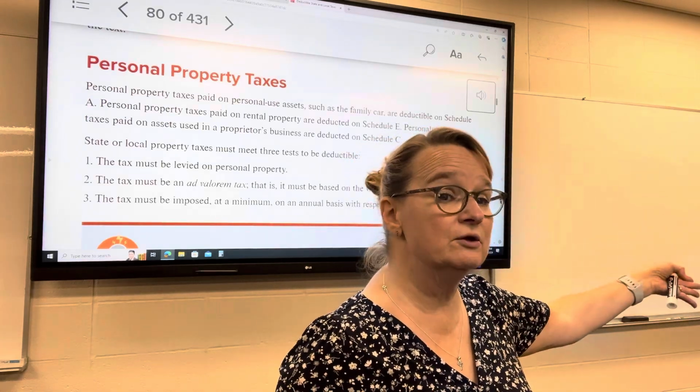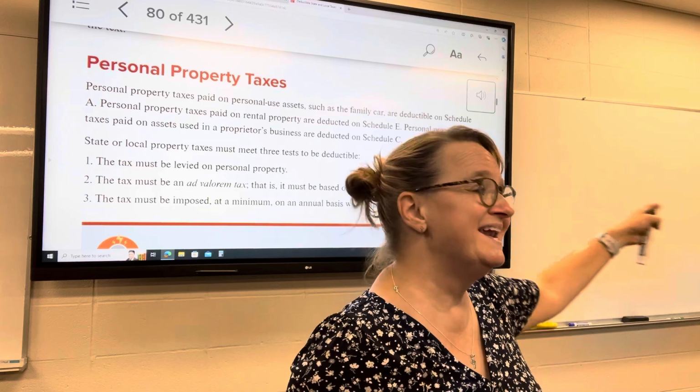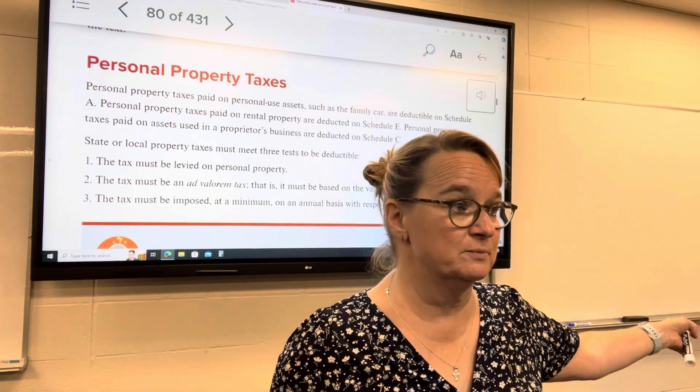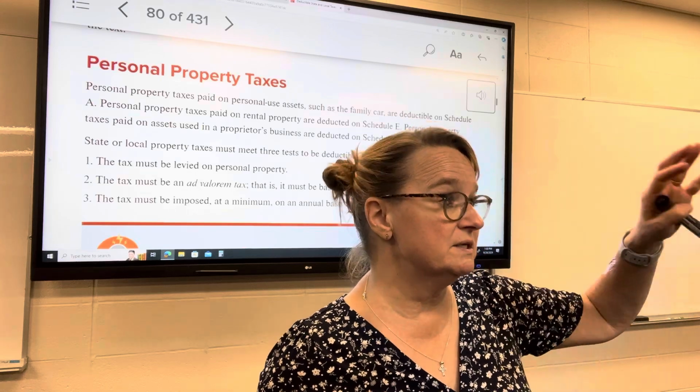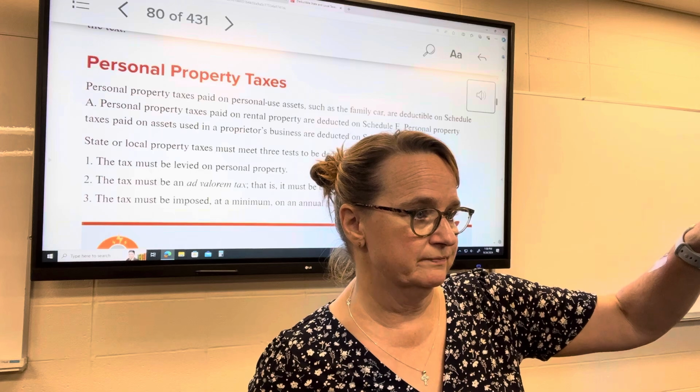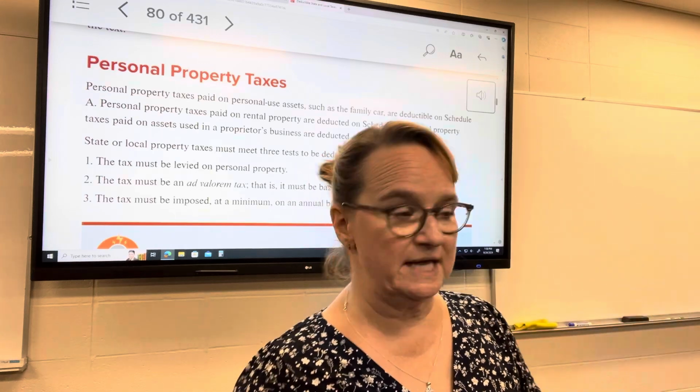So if your vehicle is 12 years old or older, none of it is an ad valorem tax. None of it would be deductible. But it is going to start based on the purchase price of your vehicle, and then go down as a percentage.